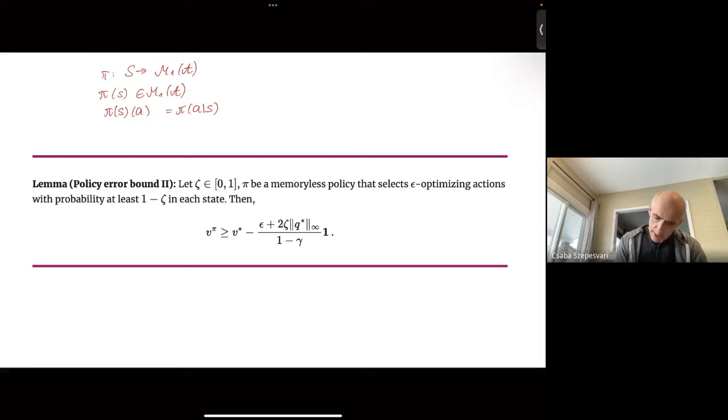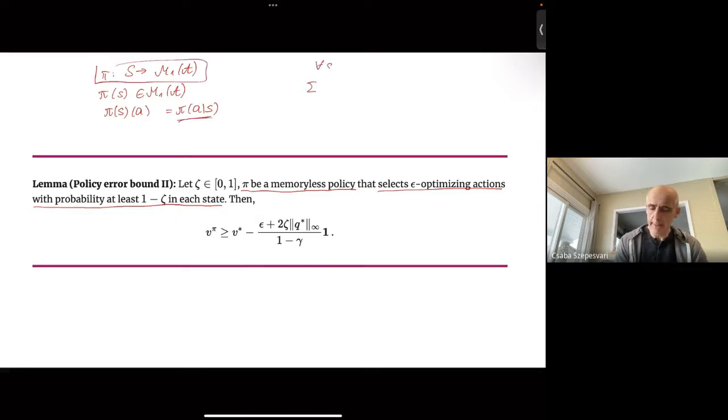And so here the condition of the lemma says that pi is a memoryless policy that selects epsilon optimizing actions with probability at least 1 minus zeta in every state. So what does this mean? It means that pi is just a memoryless policy like this. I use this notation.